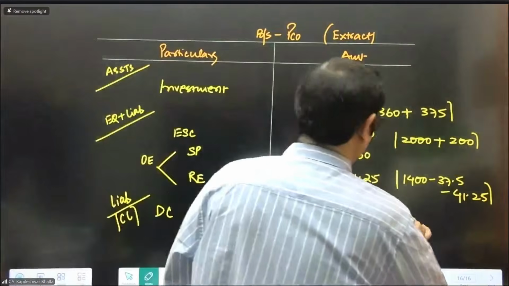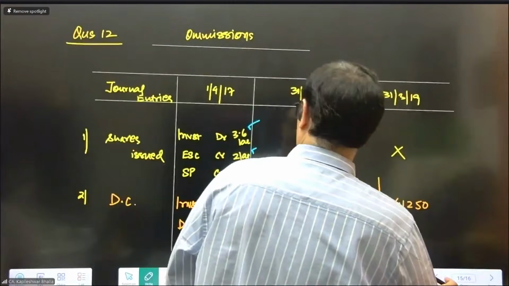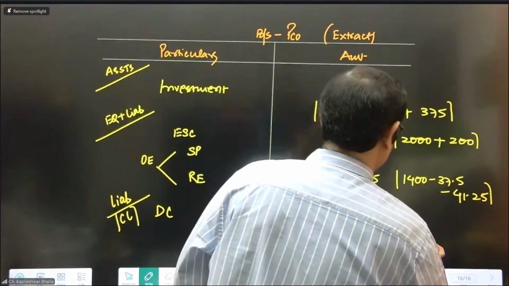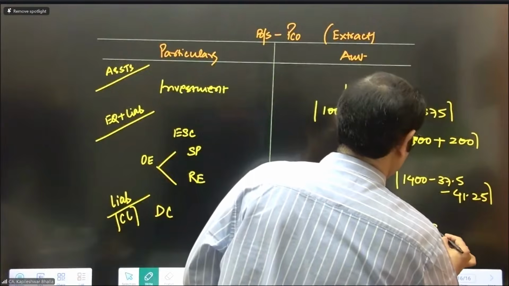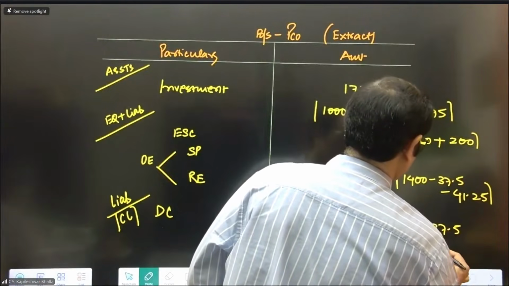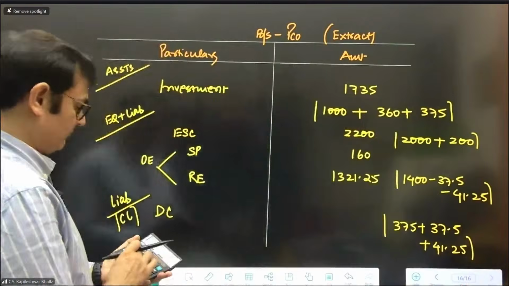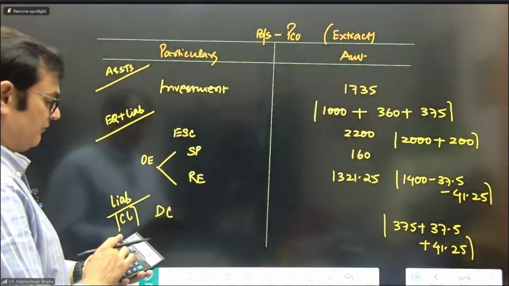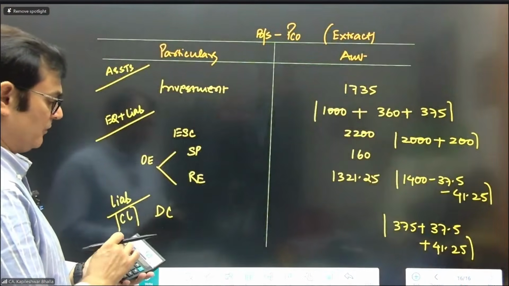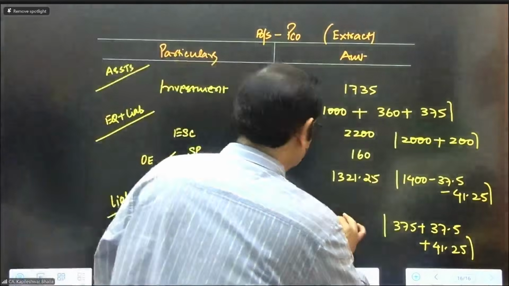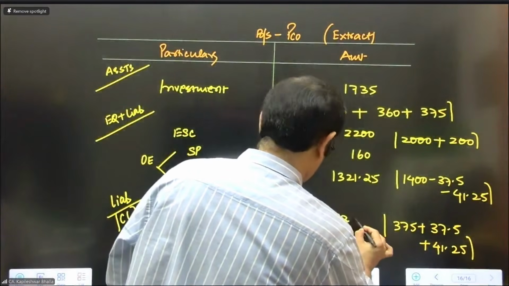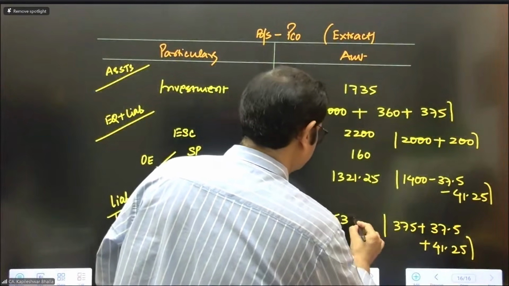So my DC was 375 plus unwinding of 37.5 and 41.25. So 375, 37.5, 41.25. This is 453.75.